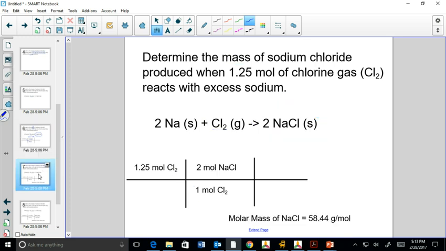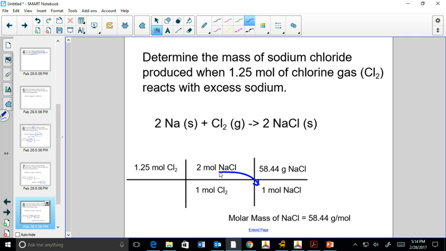So therefore, I add up my 1 sodium and 1 chlorine, and I find my molar mass is 58.44 grams per mole. So I put that into my skeleton like this, that 1 mole of sodium chloride goes on the bottom, because again, what's on top always goes to the bottom, and the grams 58.44 go on top.